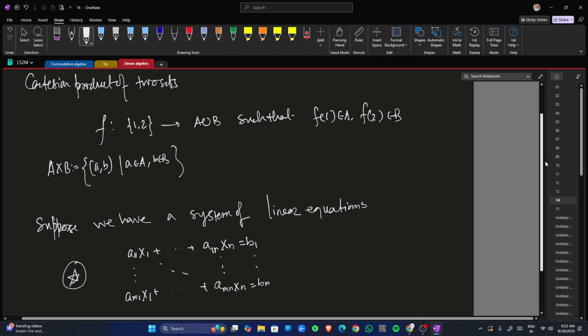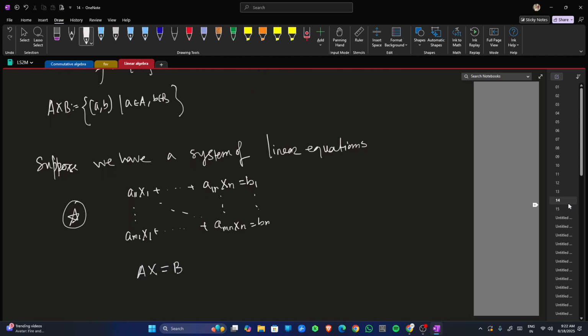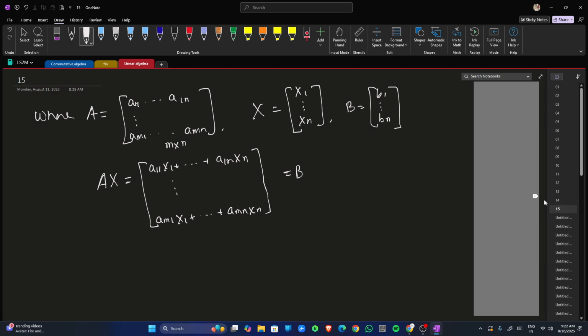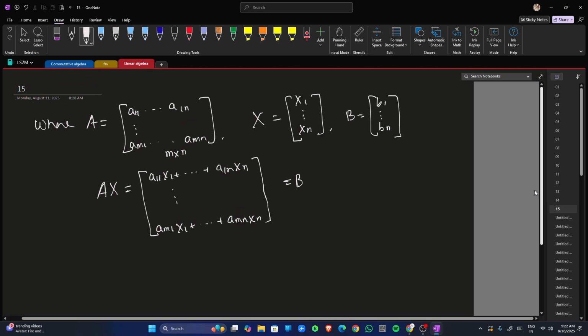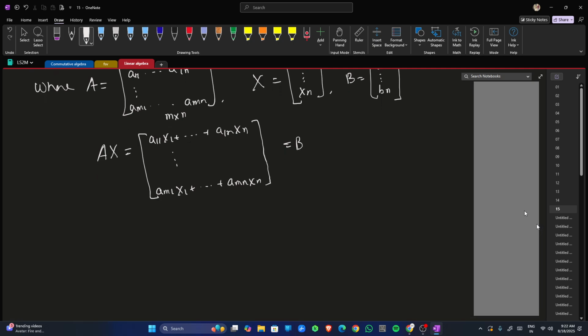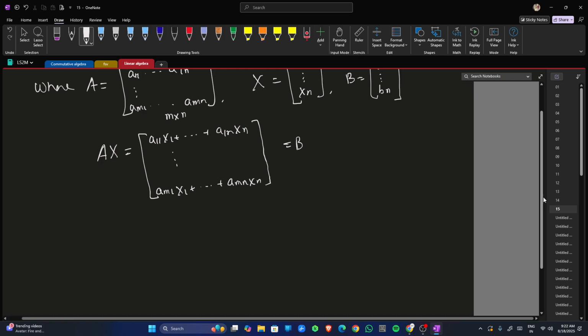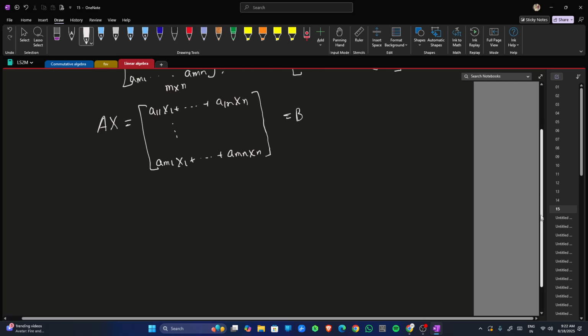Sometimes it is better to write a linear equation in the form of a matrix. It saves lots of space and helps us to compute things. That's the thing, that you can write a system of linear equations in matrix form. So our original goal was to find the solution of linear equations, and one process is the Gauss elimination method.